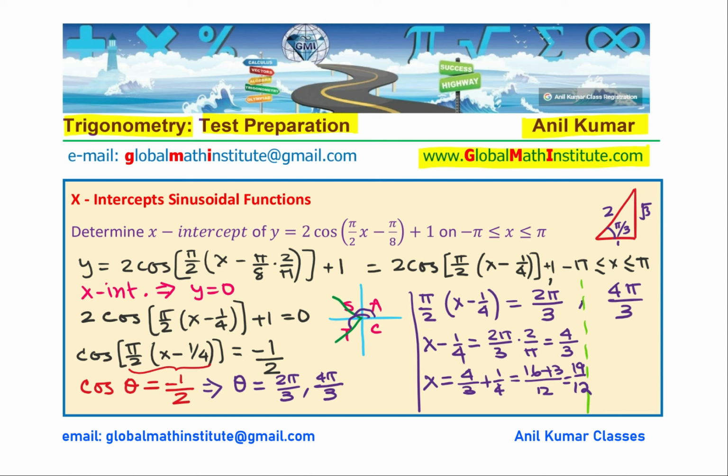So that is one of your answers, right? No harm in writing it in decimals. So we are writing 19 divided by 12 in decimals: 1.583. So that is one value of x which we got.